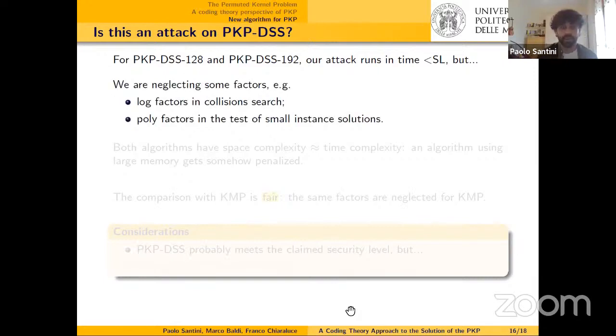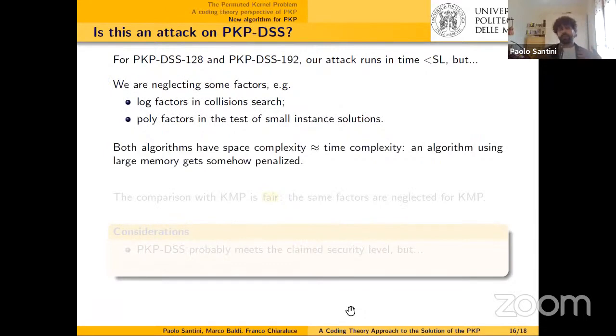Actually, consider that we are neglecting some factors, and also these algorithms have a very large space complexity, so they use a lot of memory. And it is well known that if an algorithm makes use of a large amount of memory, its running time is somehow penalized. Yet, the comparison with KMP is fair, in the sense that the same factors are neglected for KMP.